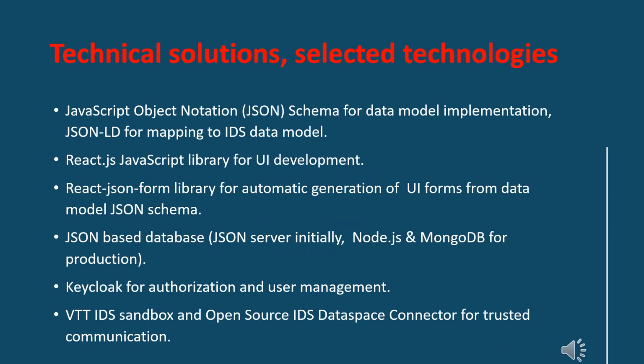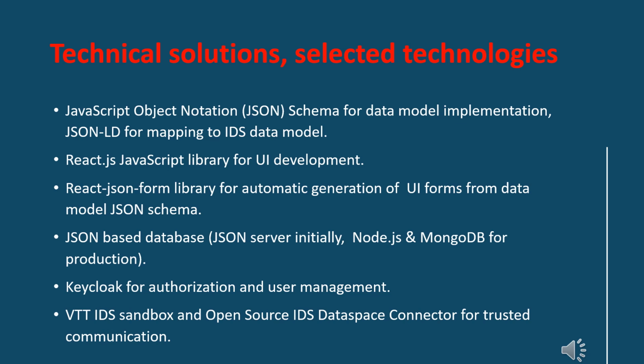And then we go to the selected technical solutions. JavaScript Object Notation schema is used for data model implementation and JSON-LD for mapping to the IDS data model. React.js JavaScript library is used for user interface development.